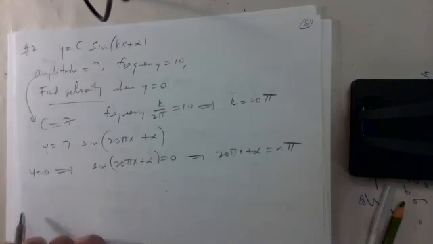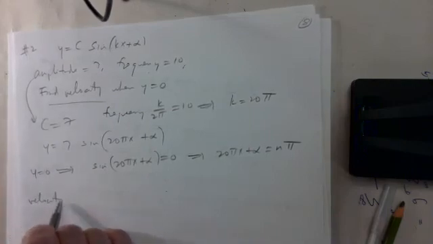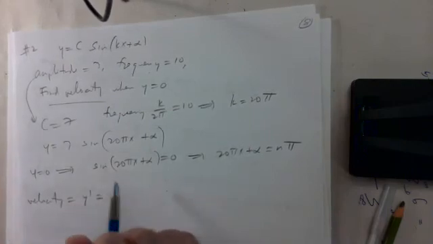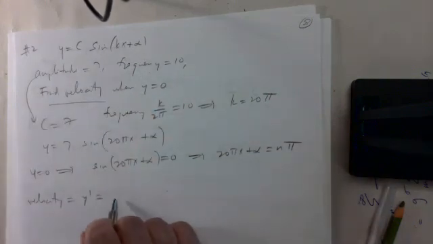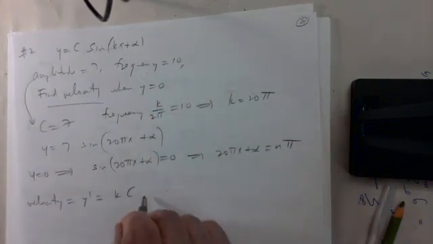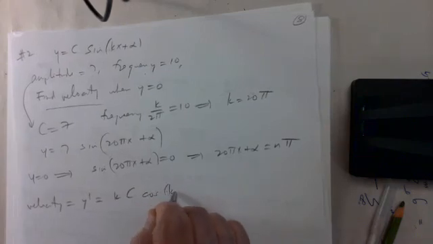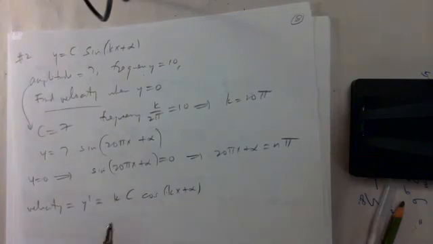What is the velocity? It's y prime. When you differentiate y, you get kc cosine of kx plus alpha.